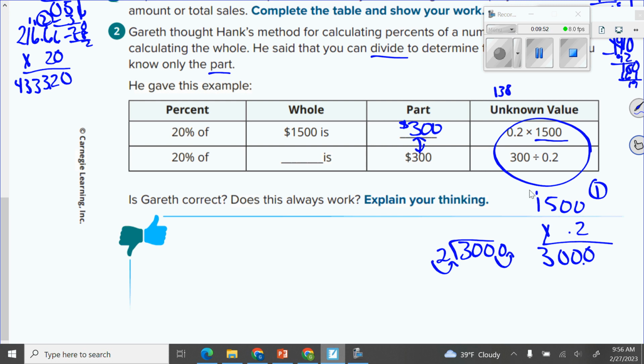Empty buckets get a 0. Okay? So 2 goes into 3 once. Gives me a 1. Goes into 10 5 times. Now I'm at 0, but I still need to keep track of them. So it's a 0 and a 0 because I moved my decimal, correct? So that means that my whole was 1,500.